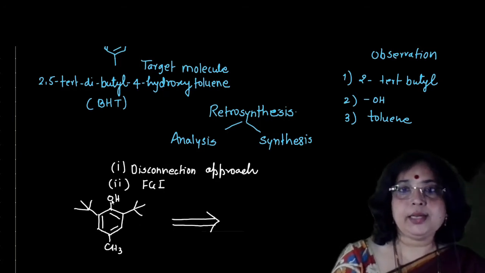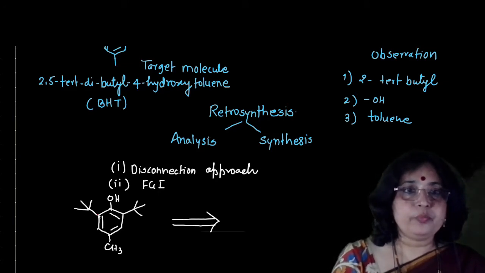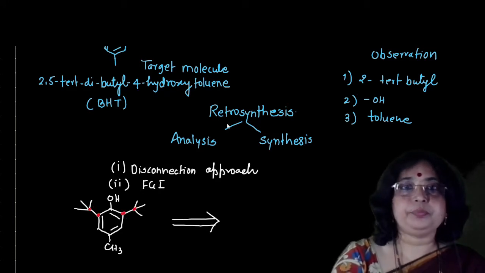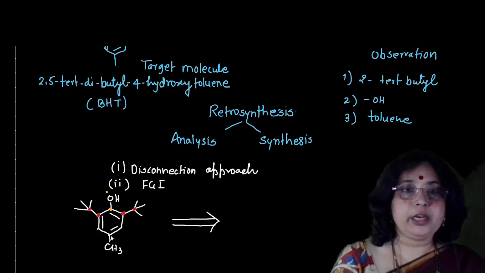You can see that the two tertiary butyl groups are chemically equivalent, so I consider this as one part of the disconnection. Then the second disconnection is this carbon and this OH, and this will be your third disconnection.